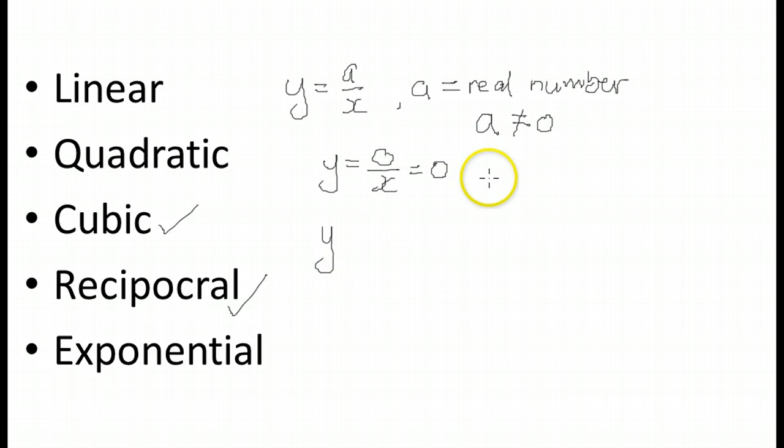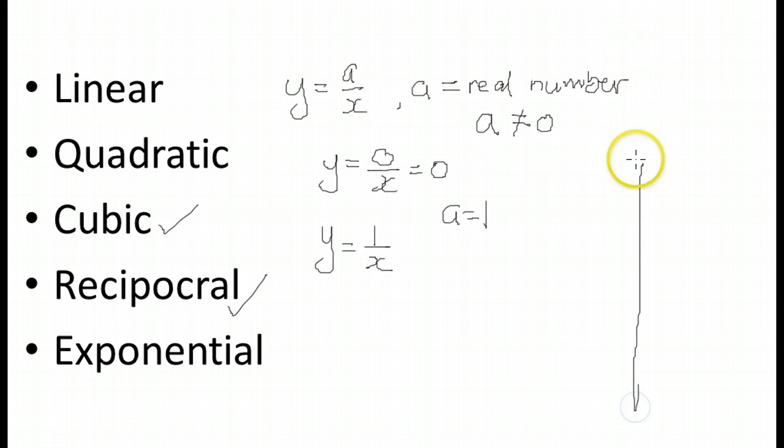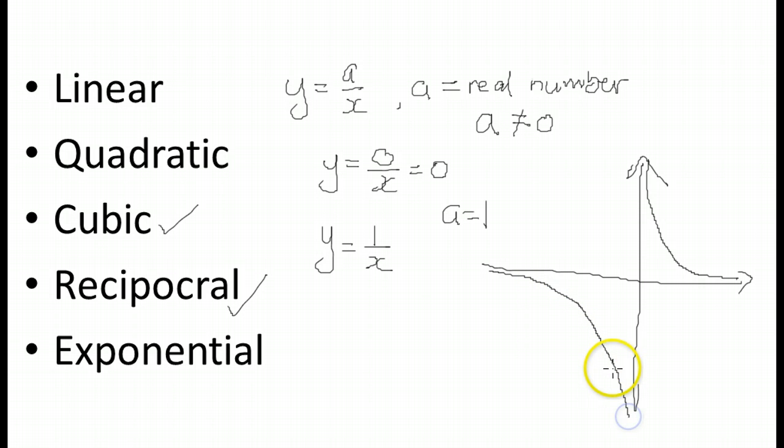For example, if a is equal to 1, our graph would be y equals 1 over x. To draw this reciprocal graph, it will look something like this. We have a curve over here that extends from infinity to infinity, and on this side we have from negative infinity to negative infinity as well.